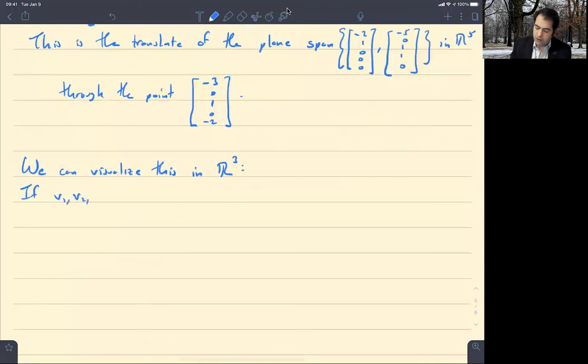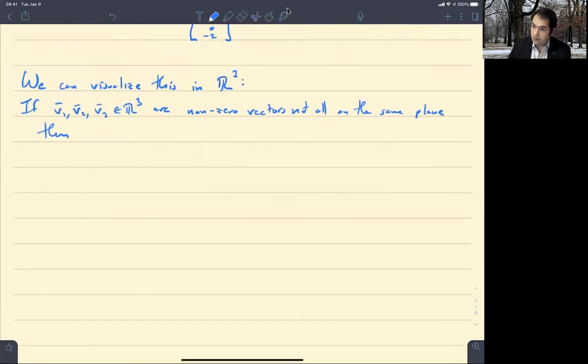So if you give me 3 vectors, v1, v2, v3 in R3 that are non-zero vectors, not all on the same plane, then okay, well, let's say v1, v2, w. Okay, so here is R3, and let's say you have v1 and v2 like that, so then the plane containing them looks like this.